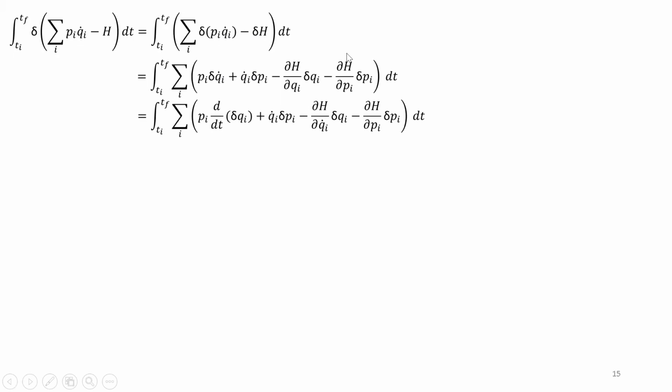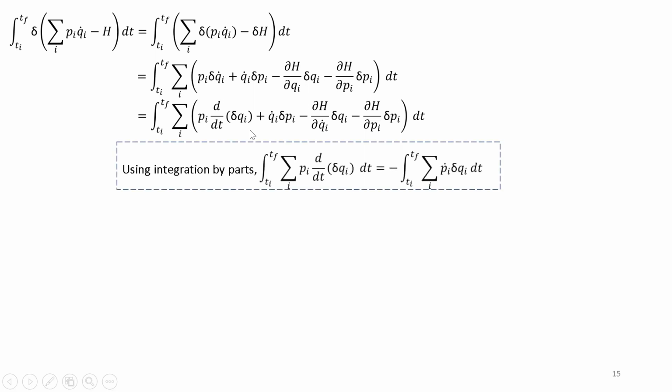And one more property I used: the derivative symbol and the delta symbol, the order can be interchanged. From here to here, I interchanged the order between the time derivative and the delta.